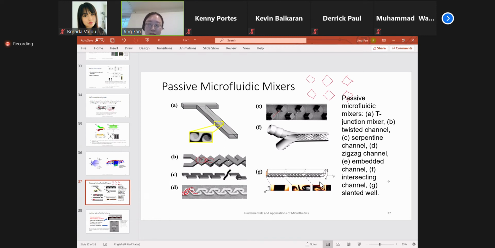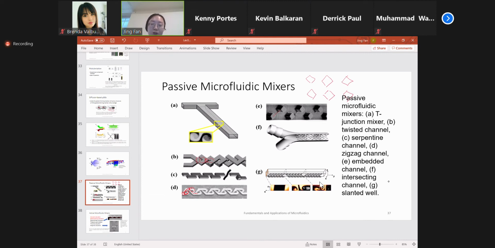Okay, then in the next picture, panel F, we call it intersecting channels. Basically, in the channel, we have a series of microchannels intersecting with each other. And the fluids are divided into several substreams and then recombined by the intersecting channels.